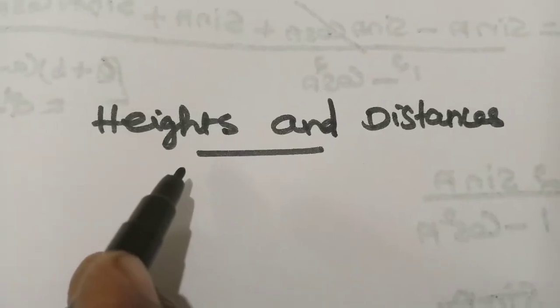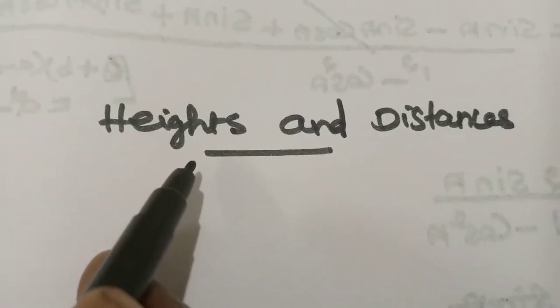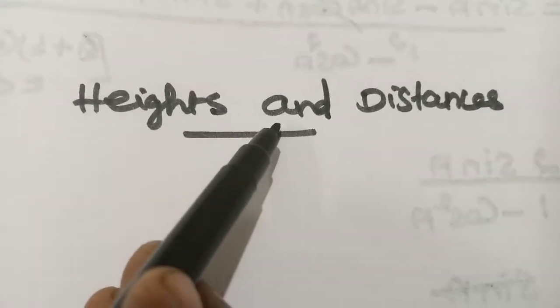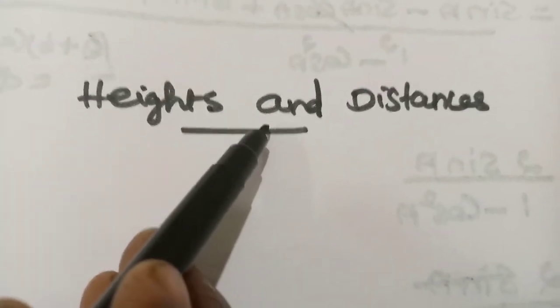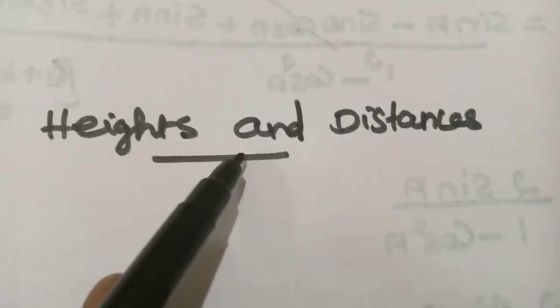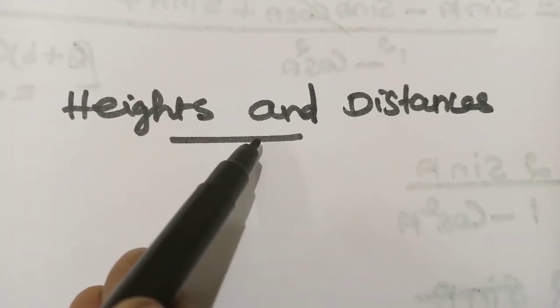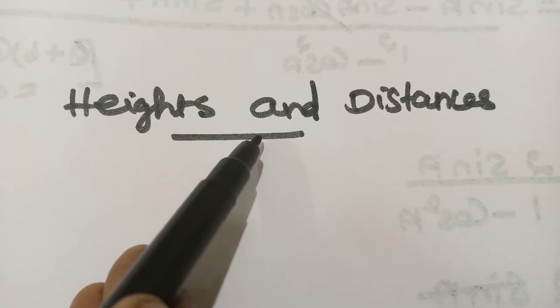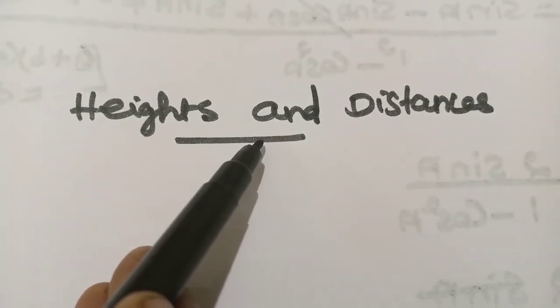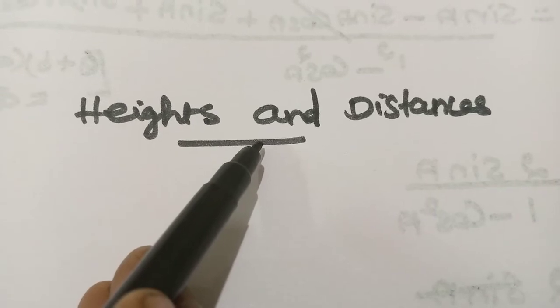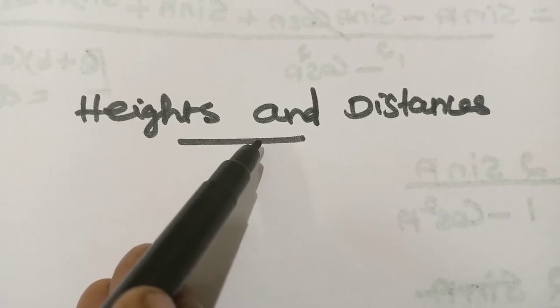So exercise 6.1 we completed. Next topic is heights and distances. In this section we will see how trigonometry is used for finding the heights and distances of various objects without actually measuring them. Using trigonometric ratios, how can we find heights and distances?